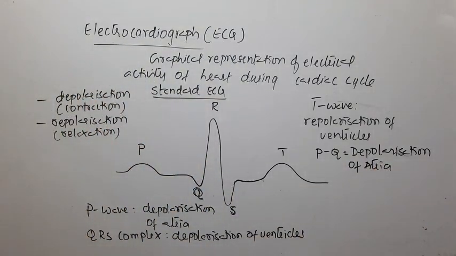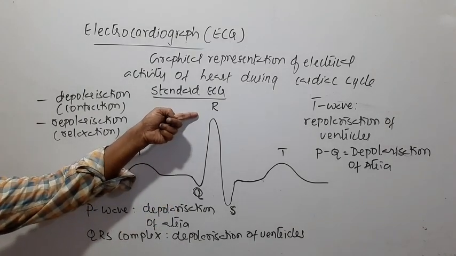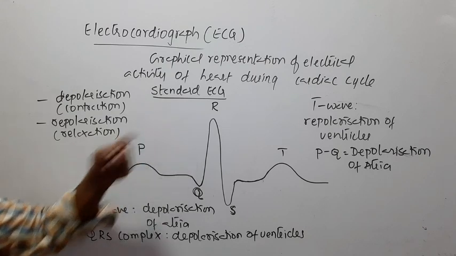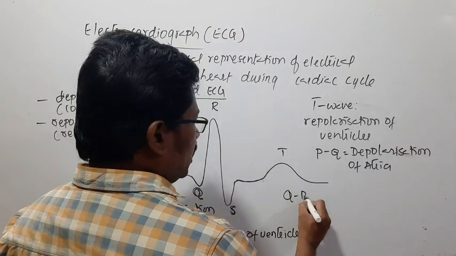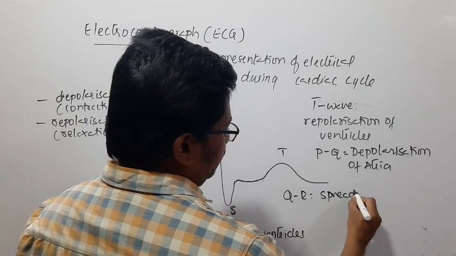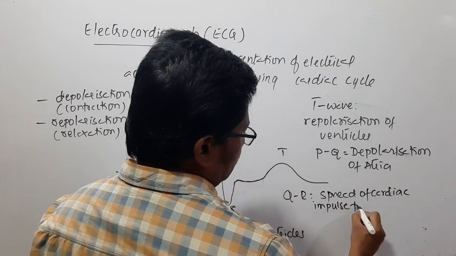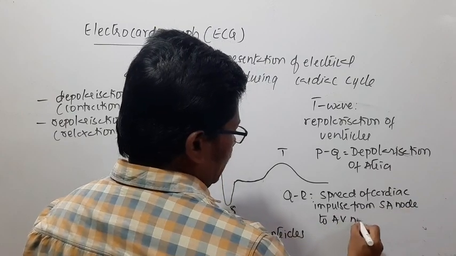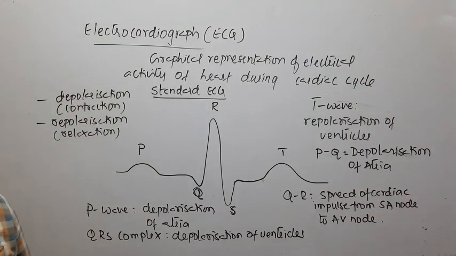Then Q to R represents the cardiac impulse, or the electric activity, being transferred from SA node to AV node. Q to R is spread of the cardiac impulse from SA node to AV node.